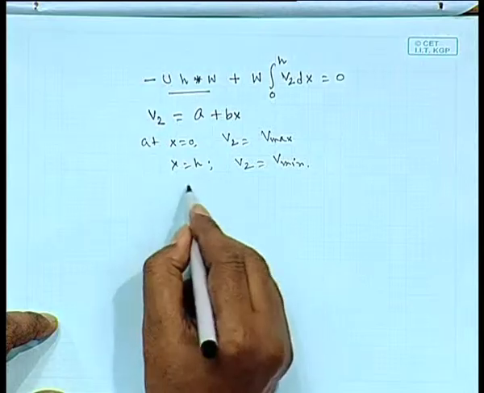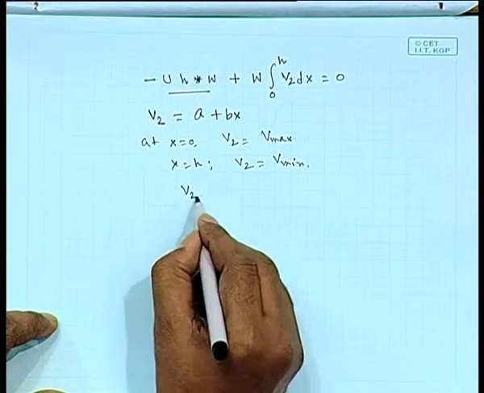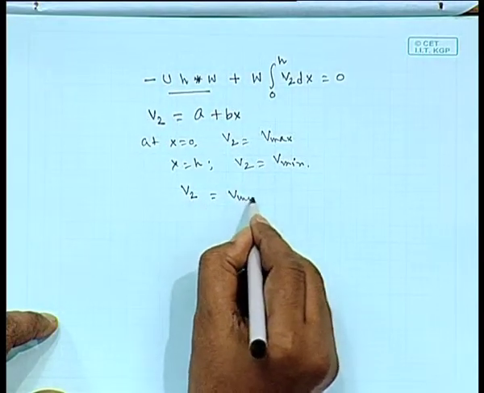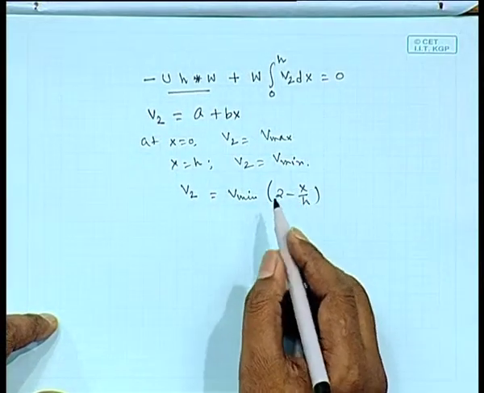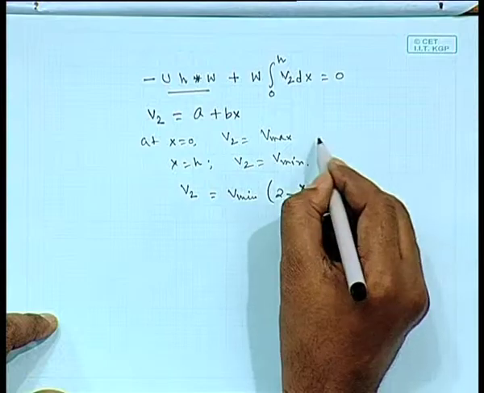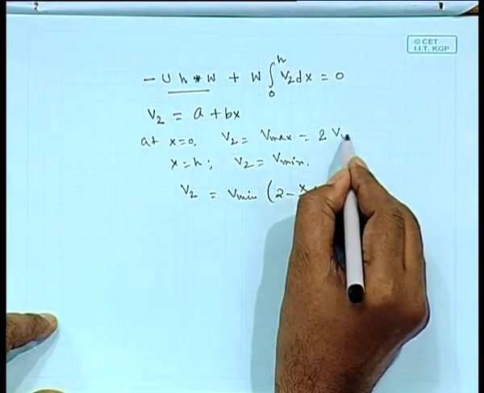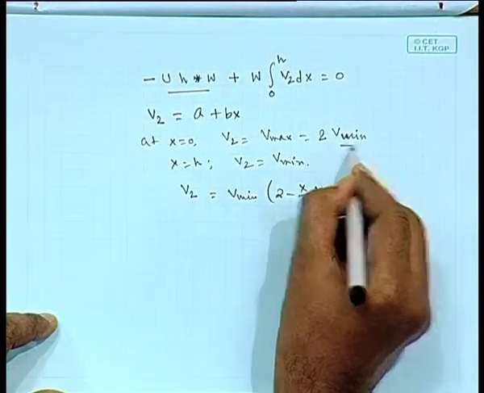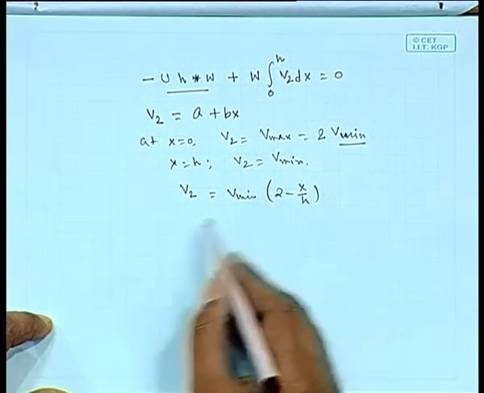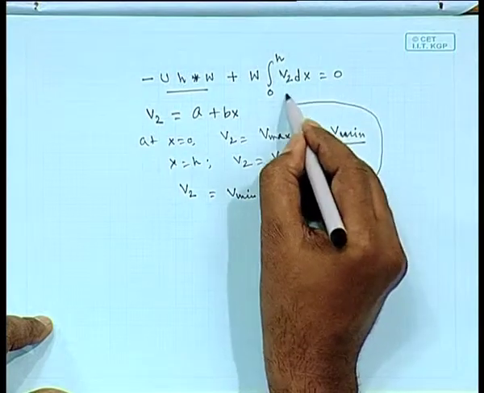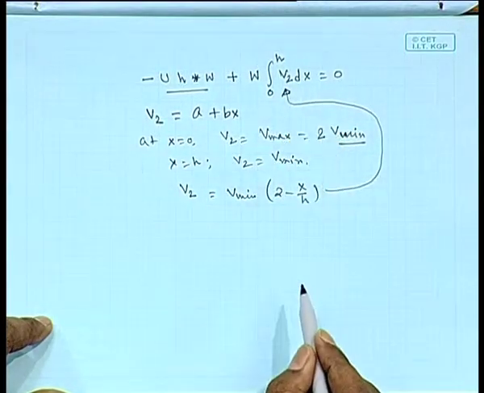The profile you will get is V2 equal to V minimum times 2 minus x by h, simply because V max is given as twice V minimum. This is given in the problem. Then you insert this velocity profile into the integral and carry out the integration.